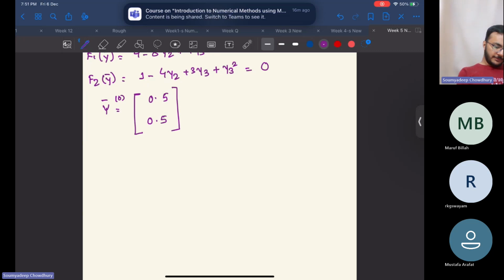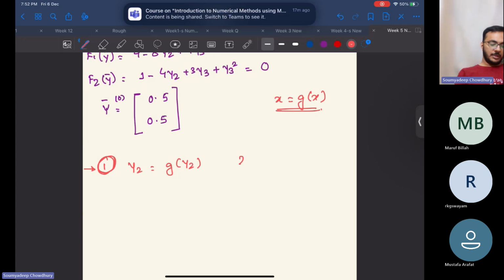Based on this, you have to find the solution to these equations. First step, we have to form the x equals g of x type of recasting function here also. In single variable, we were doing x equals g of x, where the unknown variable was x. Here there are two variables, y2 and y3.